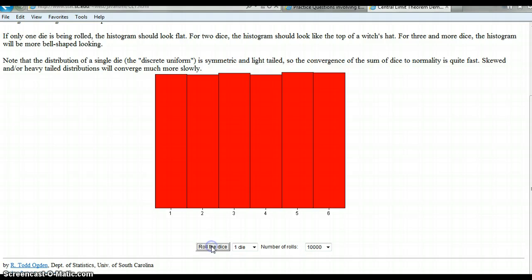So rolling one dice is your uniform distribution. The average of that we know now is 3.5, because 1 plus 2 plus 3 plus 4 plus 5 plus 6 divided by 6 is actually 3.5. Okay, so 2 dice.